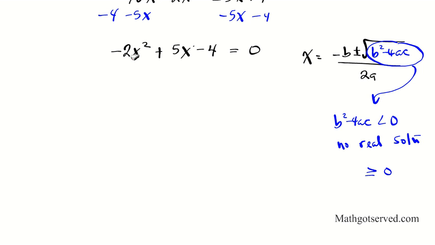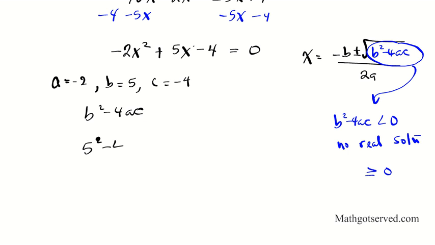In this case, a is negative 2, b is 5, and c is negative 4. I'm going to plug these values into b squared minus 4ac to see if there are real solutions. If there are, we'll find them, and that will help us find where they intersect. So we have 5 squared minus 4 times negative 2 times negative 4.